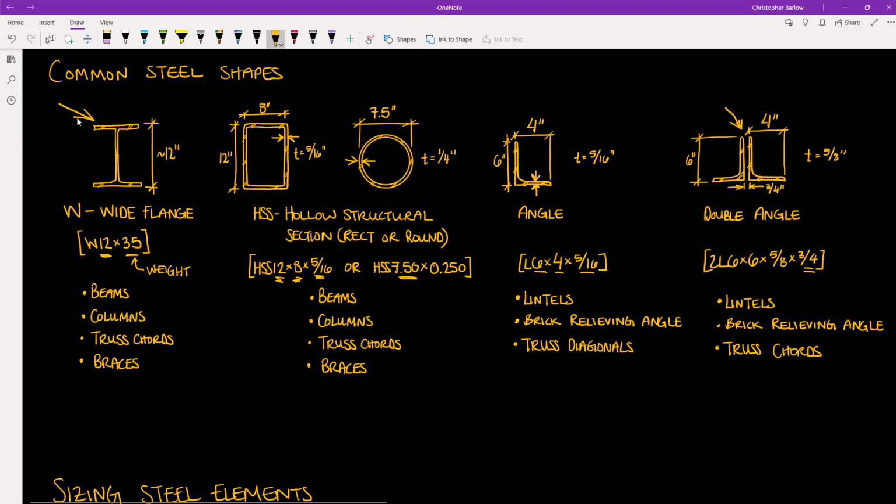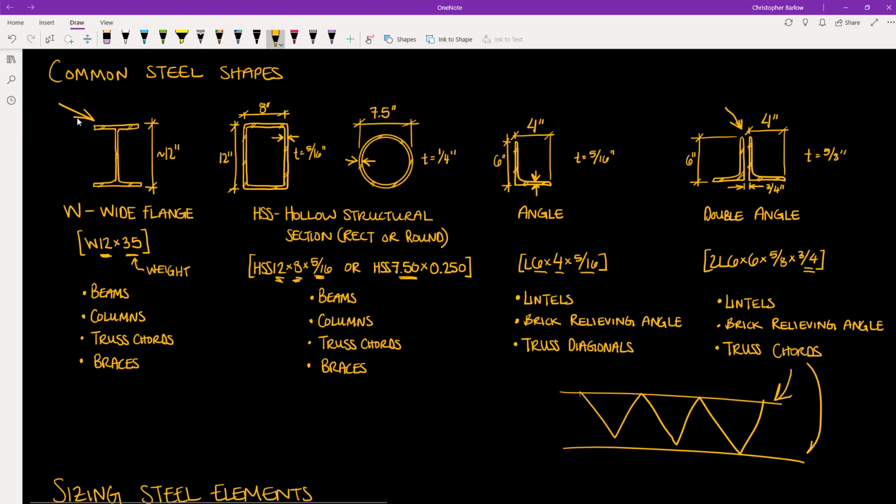And also they are typically used for the truss cords, or the top and bottom members. So if we have just a simple truss like this, the double angle will be used for these top and bottom pieces, and the middle pieces, the diagonals, will commonly be single angles.